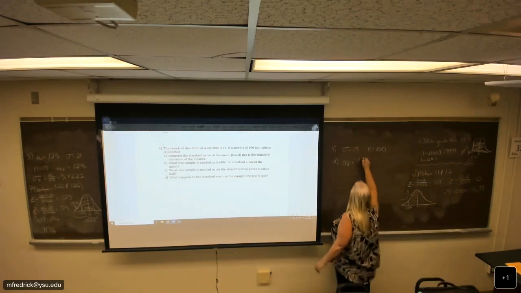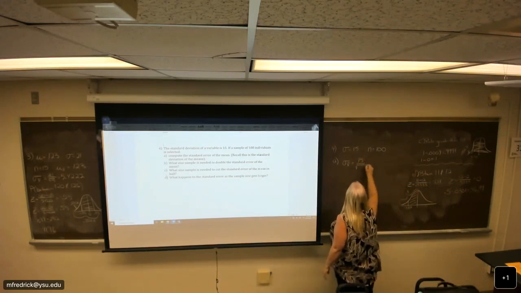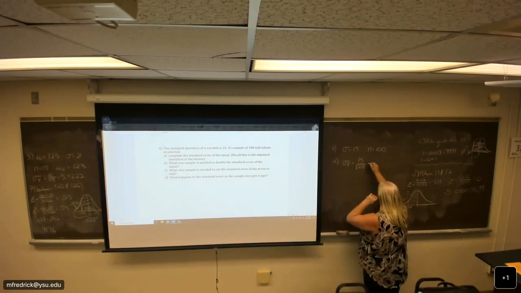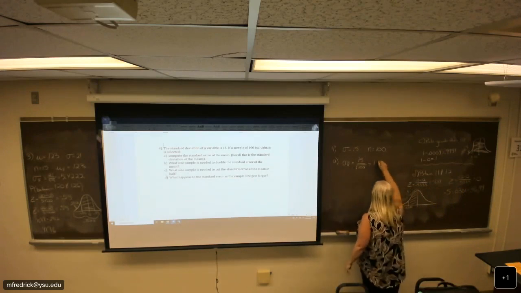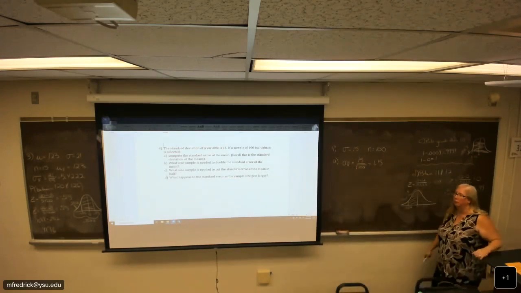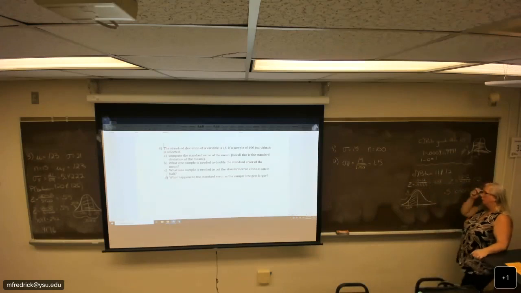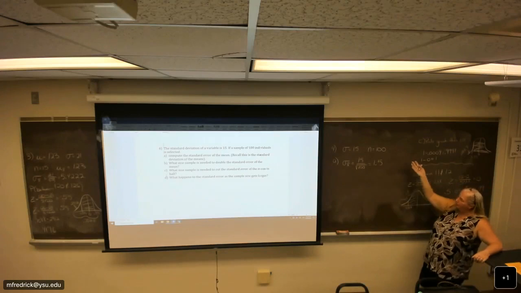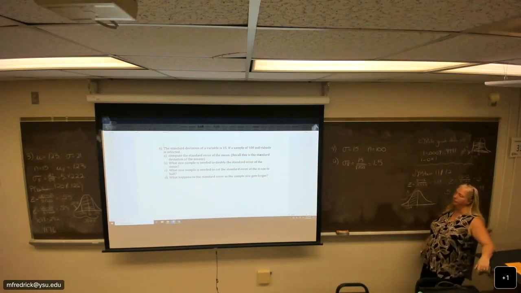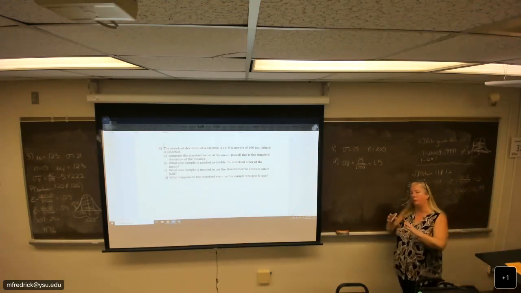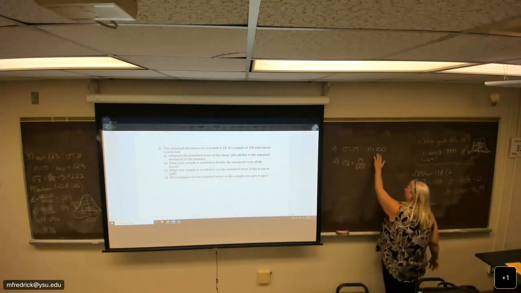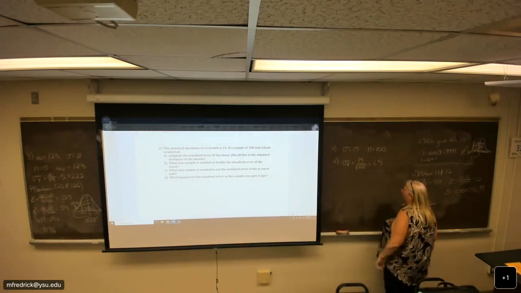It would be 15 divided by the square root of 100. The square root of 100 is 10, and 15 divided by 10 is 1.5. So the standard deviation of a sampling of means for a sample size of 100 is 1.5. That's your standard error, how much they will vary. When you're taking samples, they vary less.